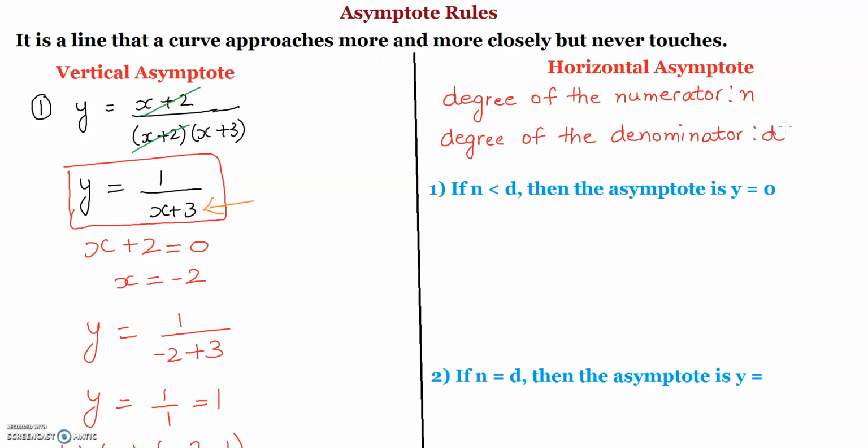So we have three scenarios in this case. The first scenario is if n is less than d, then the asymptote is y equals 0.